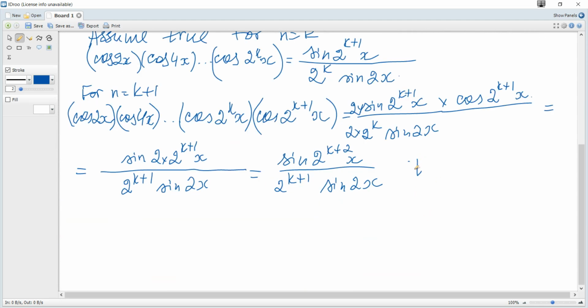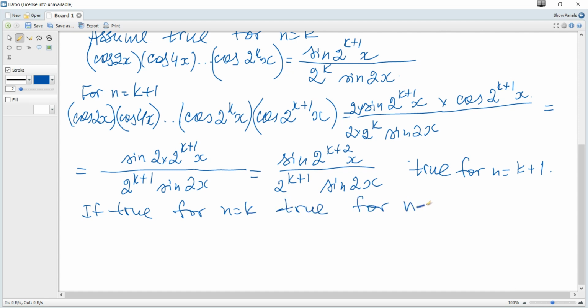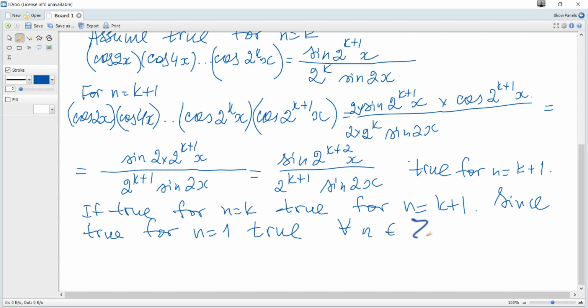Hence, true for n equals k plus 1. And conclusion, if true for n equals k, true for n equals k plus 1. Since true for n is 1, true for any n positive integer.